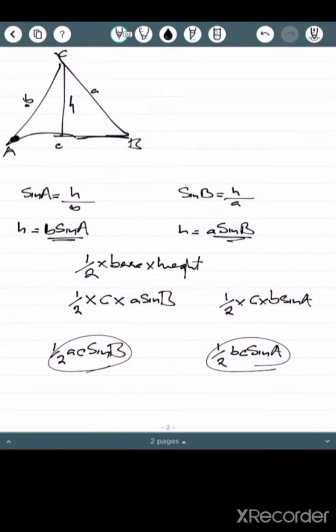So this is where they get the area of a triangle, which is in this format.